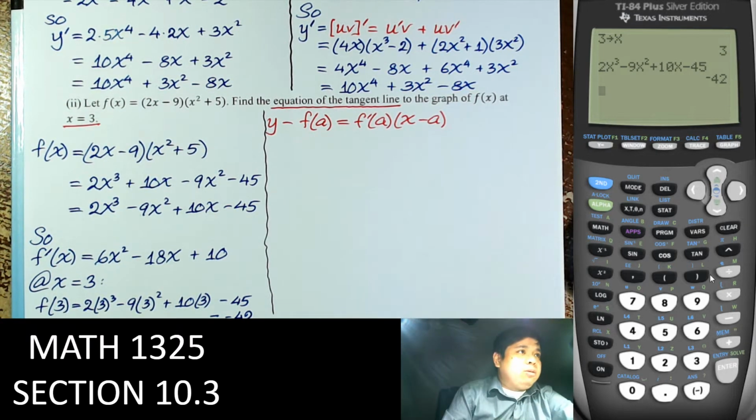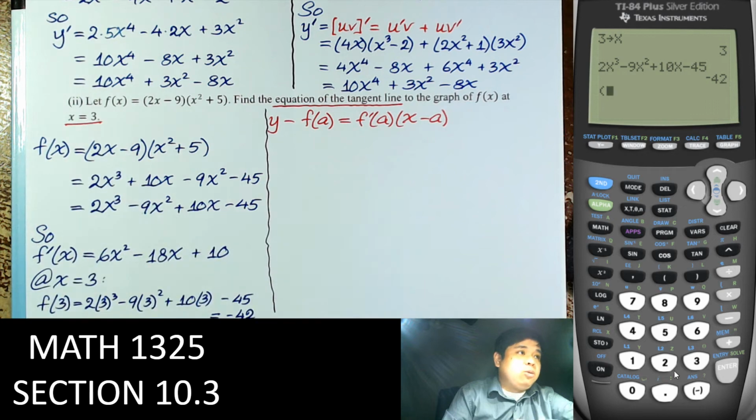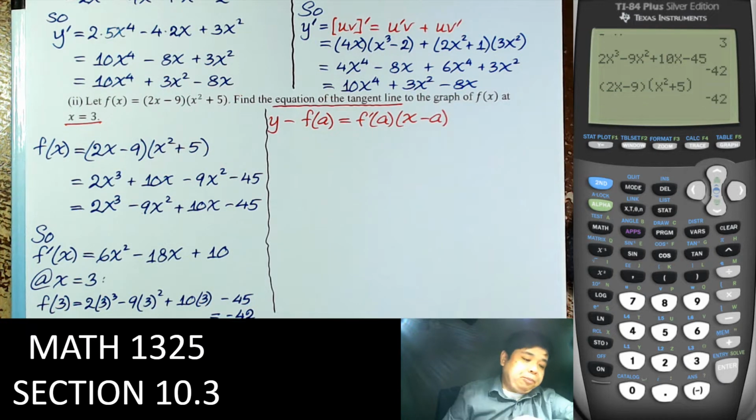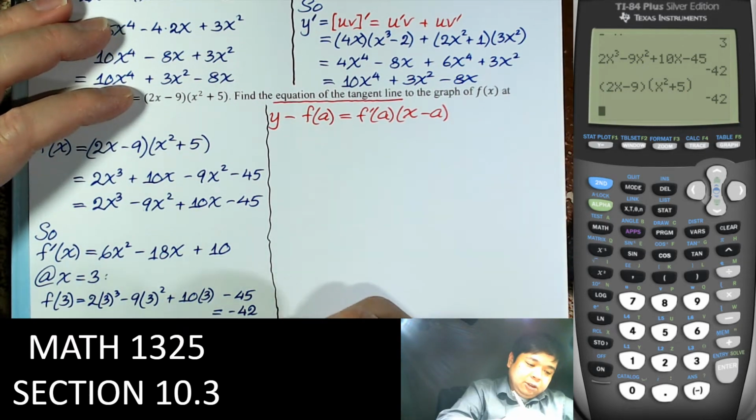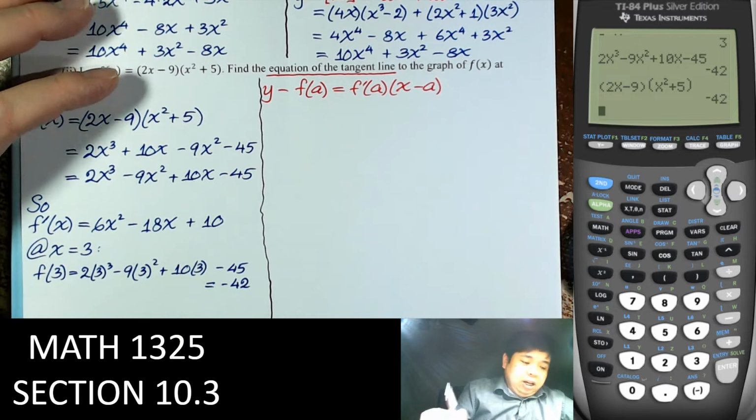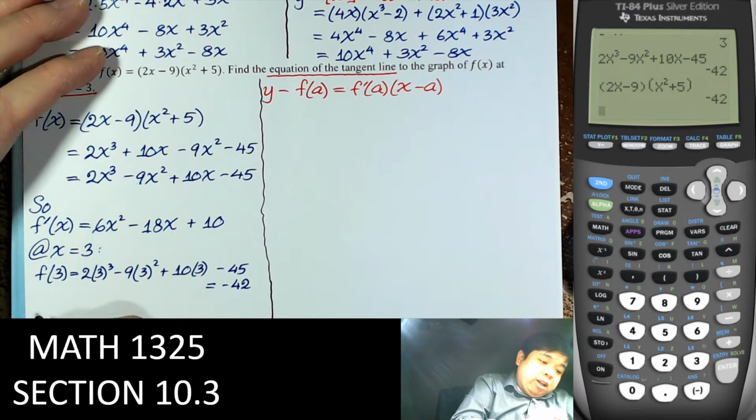Of course, we can use the original function as well: 2x minus 9 times x squared plus 5. And now we test, we put 3 into the derivative.